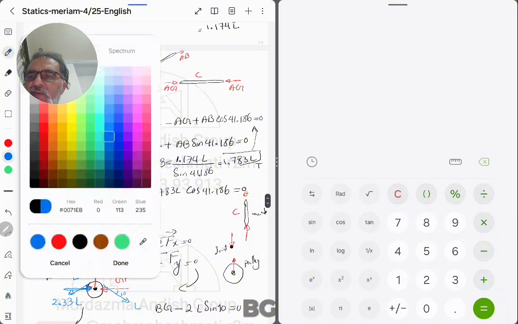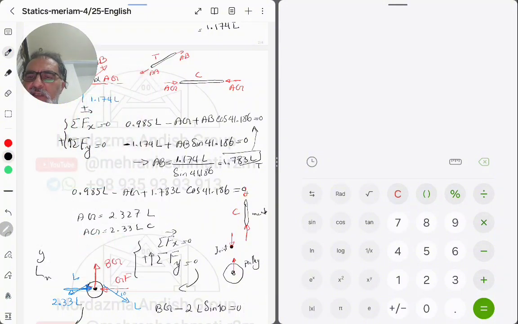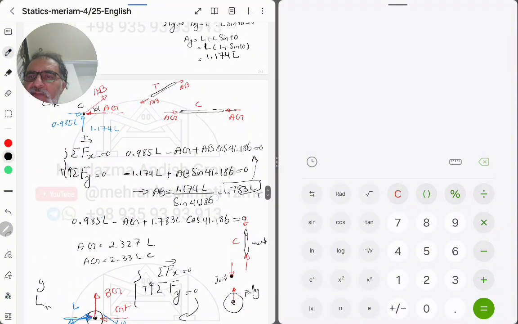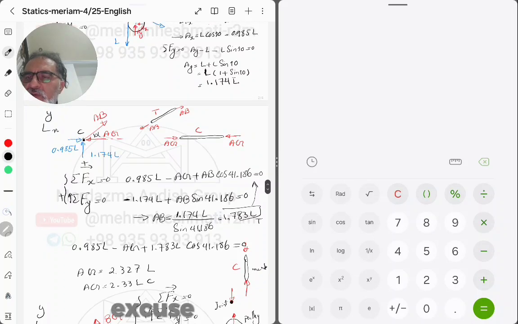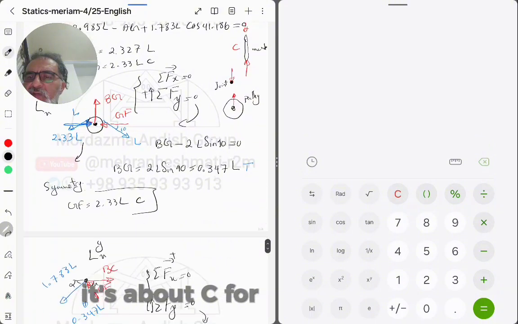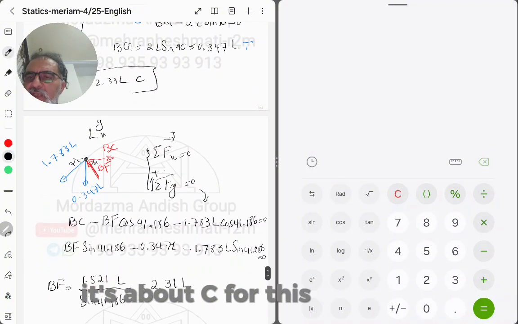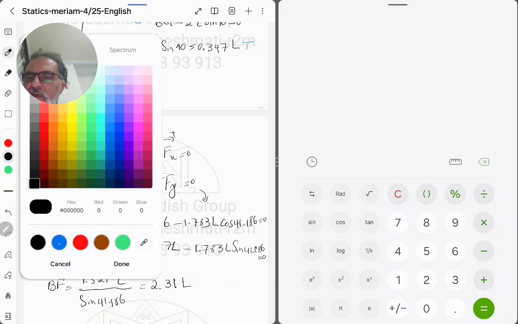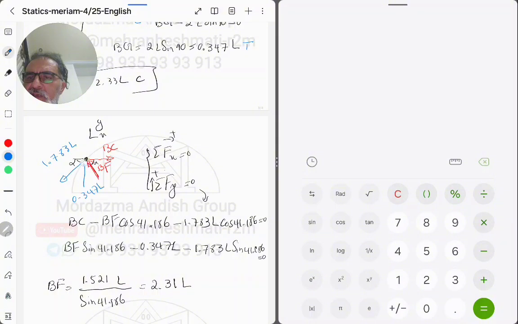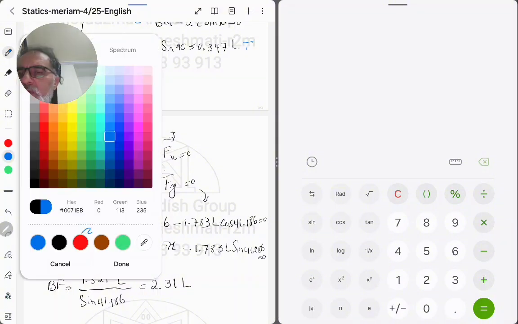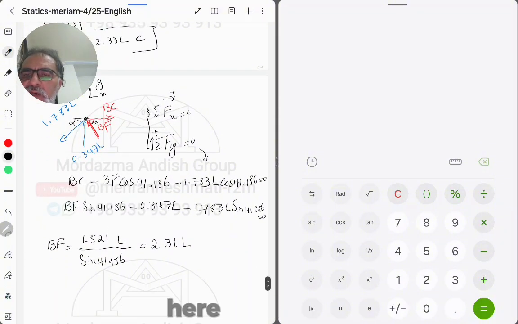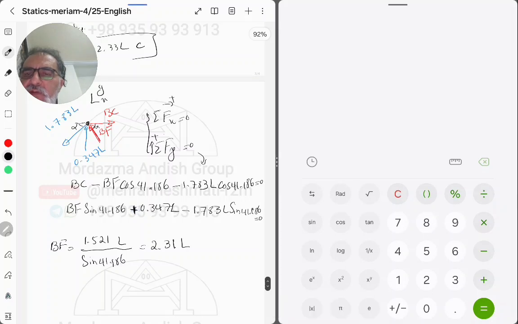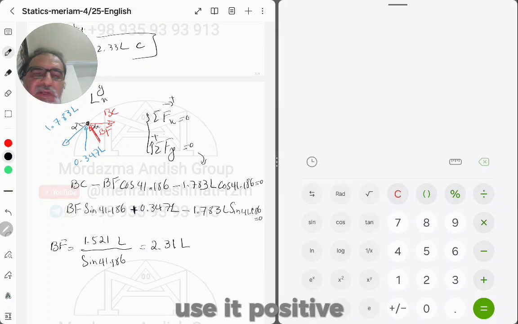And when we consider it, excuse me, it's about C. For this direction, we should consider it in this direction. Here we should use it positive.